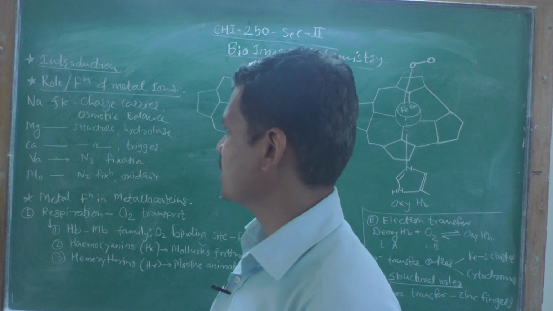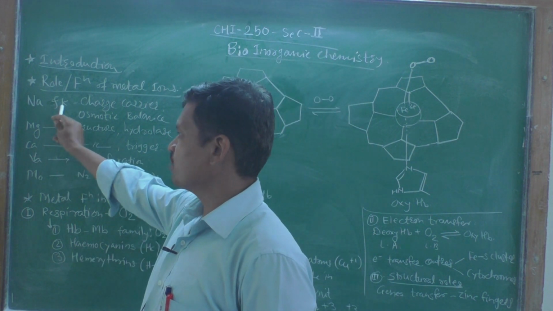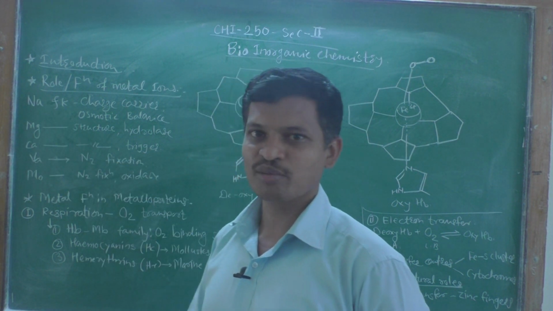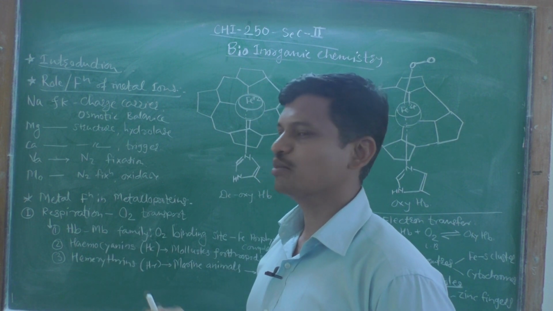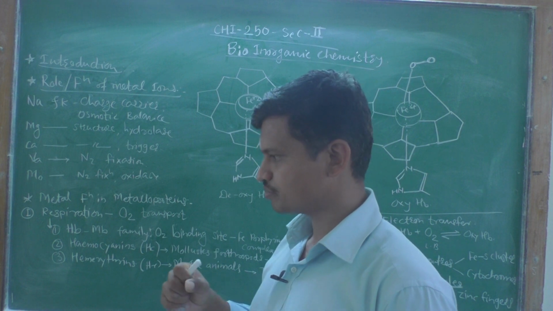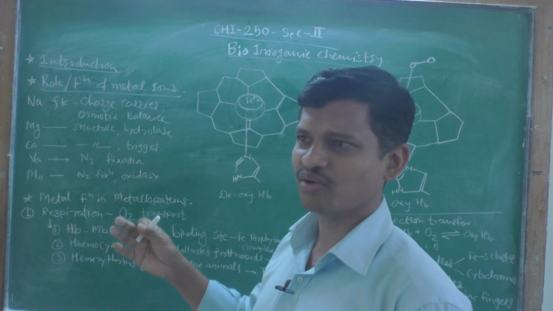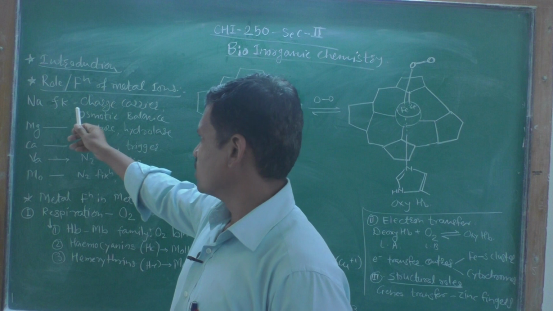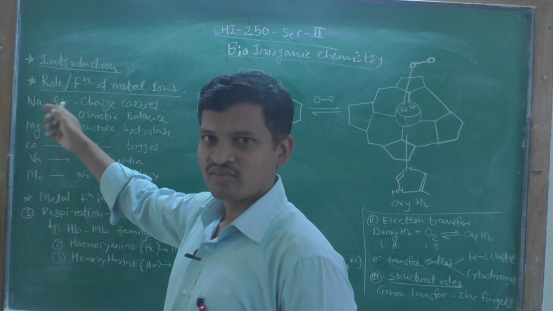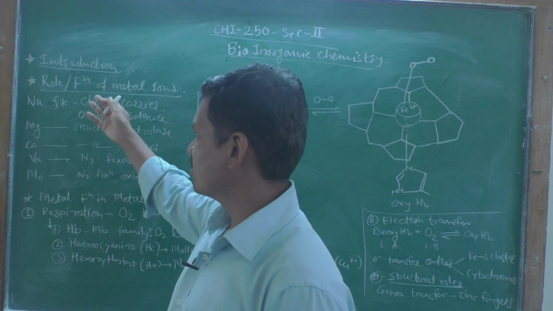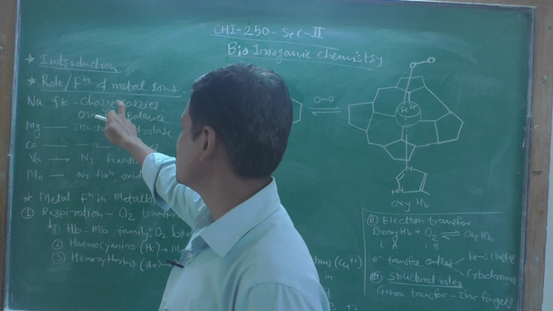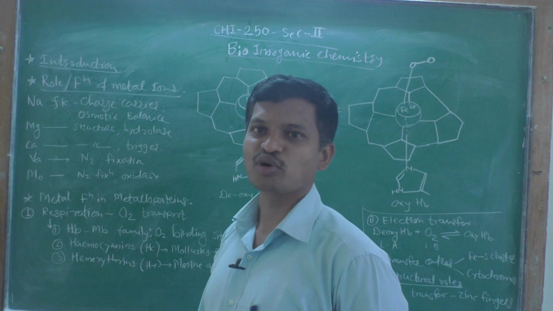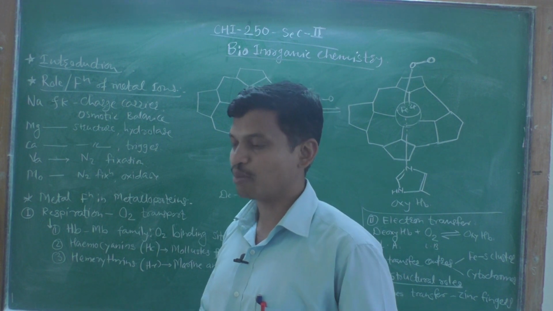For example, sodium and potassium ions, or sodium and potassium atoms. What are the roles of these alkali metals? Sodium and potassium are s-block elements, they are metals, and their function is as a charge carrier and for osmotic balance.